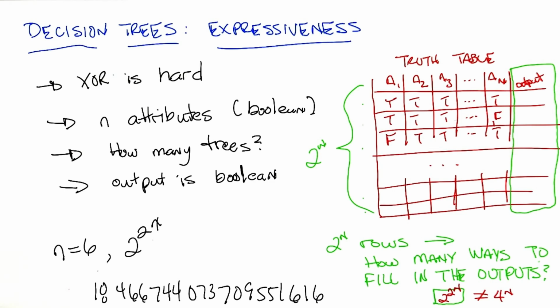So 2 to the n grows very fast. We already called that evil. 2 to the 2 to the n is a double exponential, and it's super evil. It grows very, very fast. So what's the point of this exercise, Michael? It's to point out that the space of decision trees, the hypothesis space that we've chosen, is very expressive because there's lots of different functions that you can represent.